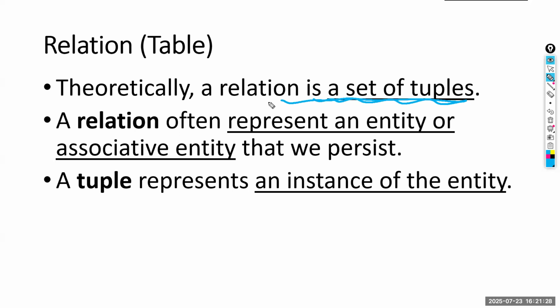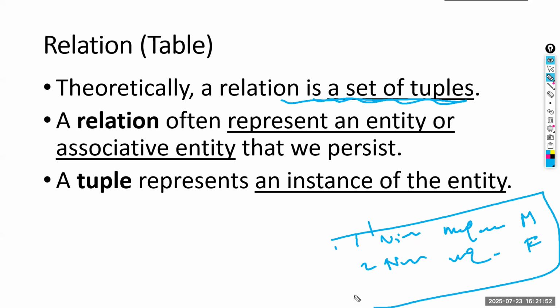Tuple is another word for record. For example, one, nimal@gmail.com, M; two, nimali@gmail.com, F. So these are different tuples. Now a collection of tuples is called a relation or table. It's a concept. It's a logic.